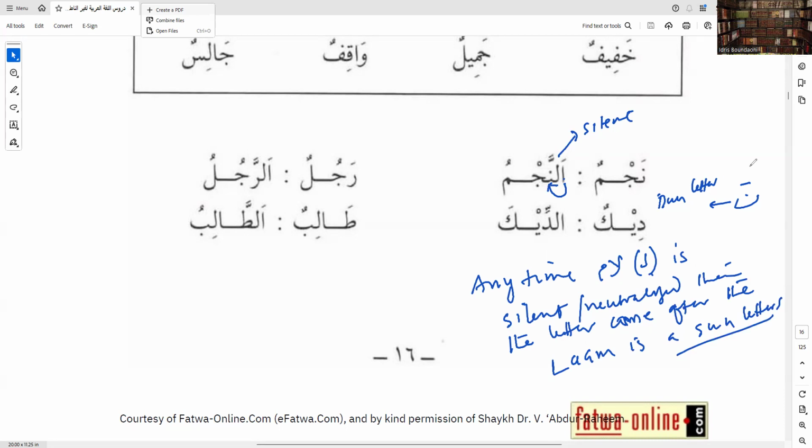So if it's not a sun letter, then it's a moon letter. With the moon letter, you have to pronounce the alif and lam and say al, al, al.